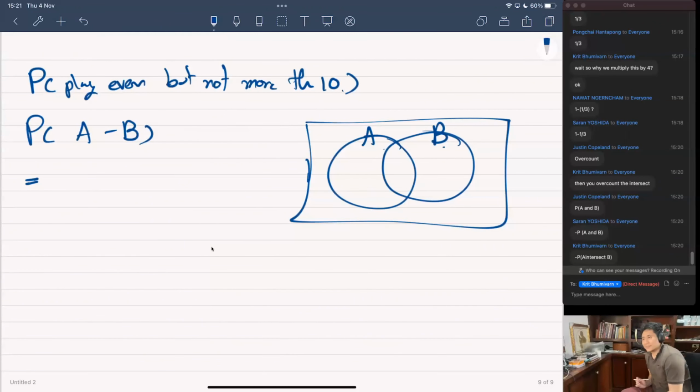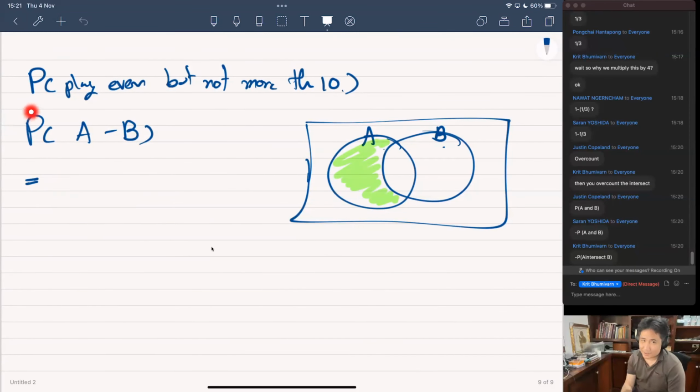Can you tell me? What we want to count is this green. A minus B looks like this. So you play even, but you do not play more than 10.